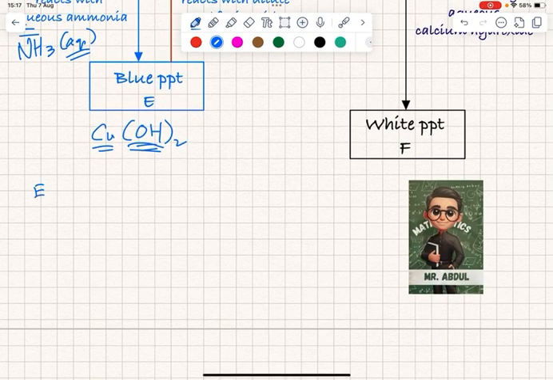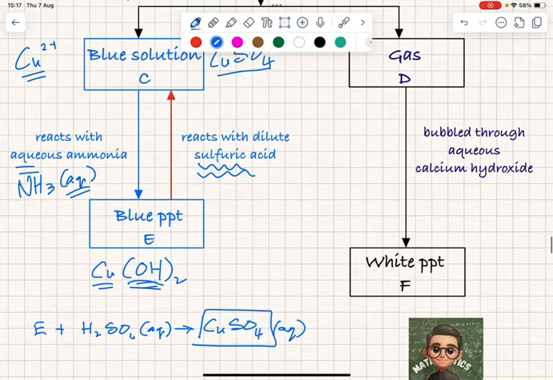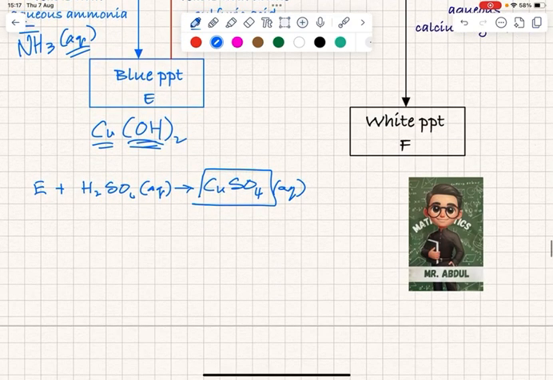The equation hopefully will help you more. We have E reacting with H2SO4, sulfuric acid, which must be aqueous. Obviously, you get copper sulfate, CuSO4. This is your C, the blue solution, plus water. You check that E is copper hydroxide, Cu(OH)2.